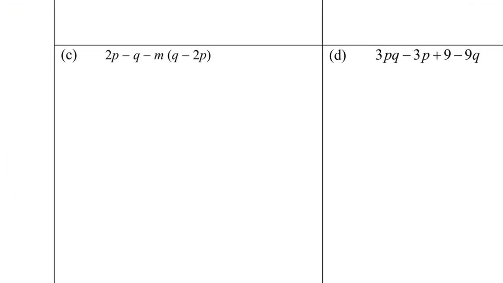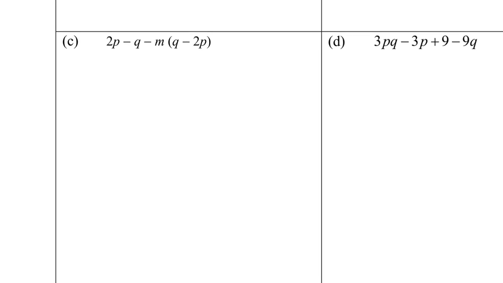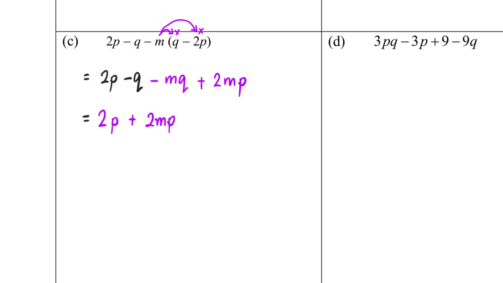So let's continue to practice this. For this particular example, again, I could share with you that from the start, I could first expand and simplify, and after which I saw that if I were to rearrange this to, for example, 2p plus 2mp because there is a common factor 2p.